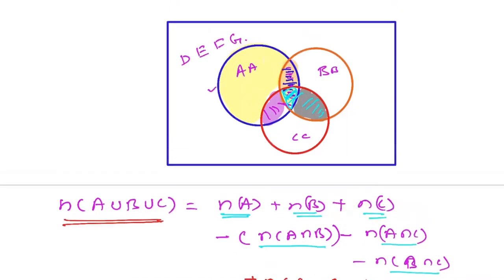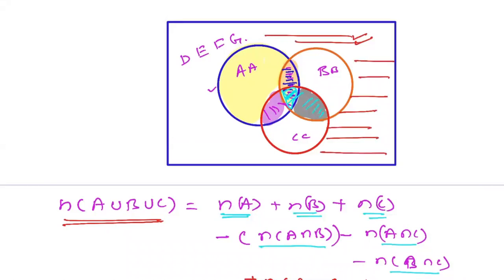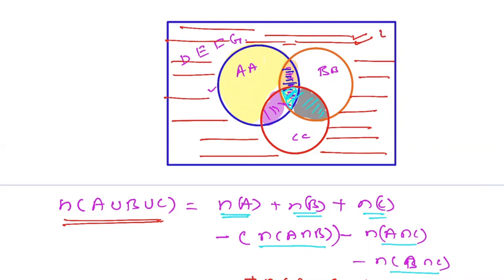If I subtract this complete union, where A's are together or B's are together or C's are together, the whole outside portion in the universal set U gives you the case where A's are not together, B's are not together, and C's are not together.